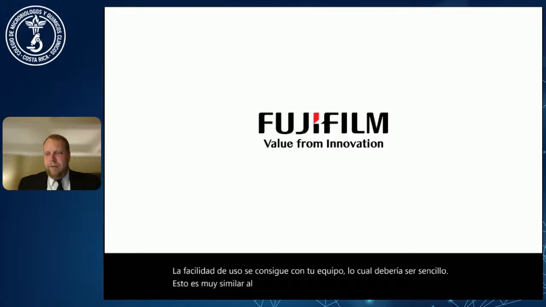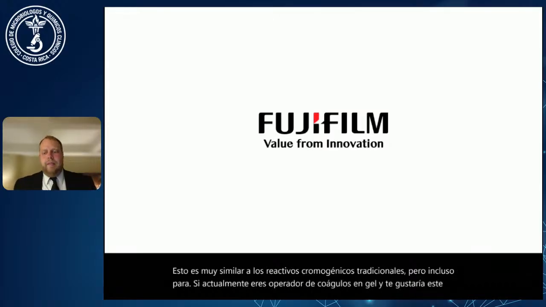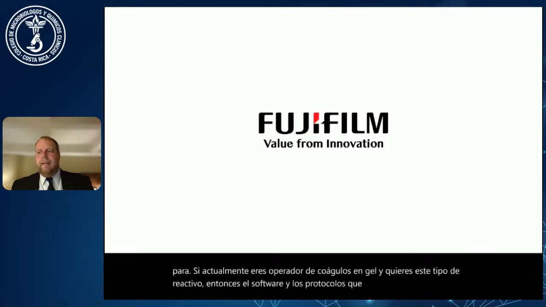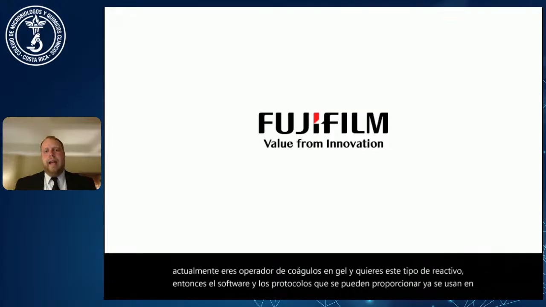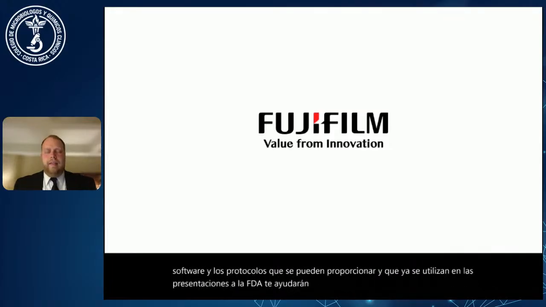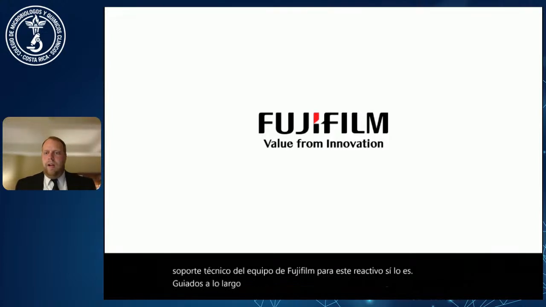But even if you are currently a gel clot operator and you would like this type of reagent, then the software and the protocols that can be provided that are already used in FDA submissions will help guide you through that. And then, of course, the technical support from the Fujifilm team, definitely for this reagent, is provided along the way, as well as all other reagents. The technical support is there.